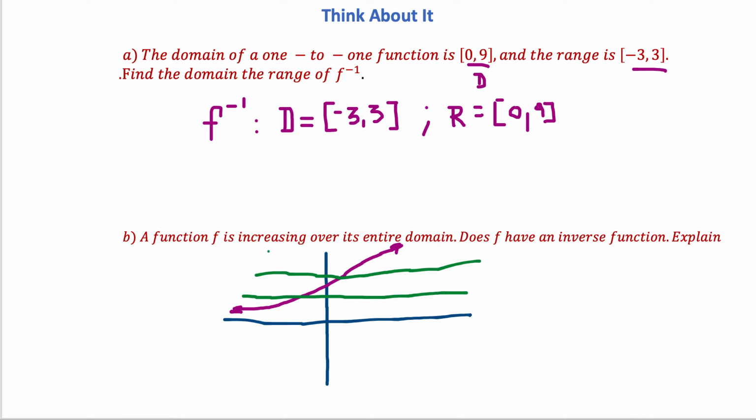As we see in this small illustration, the graph passes the horizontal line test. When the graph of a function passes the horizontal line test, it means it has an inverse function. So this function that increases over its entire domain has an inverse function.